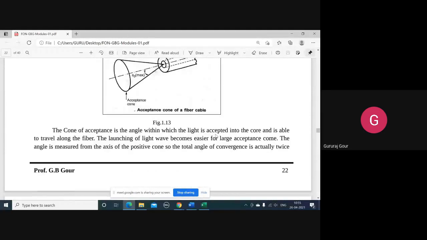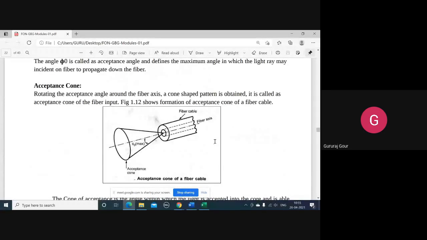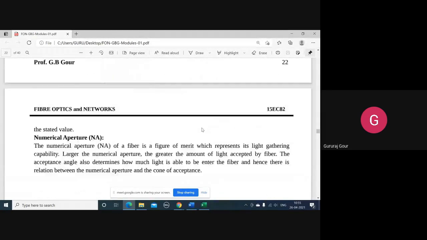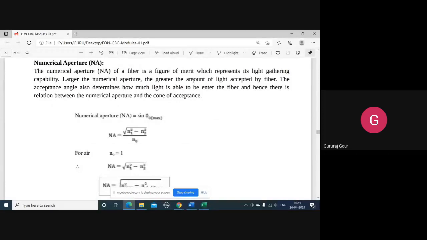So this will give you the measure of how much light is falling effectively on the aperture of the fiber core. Next, numerical aperture. It measures the figure of merit and indicates its light gathering capability. Just now I described it, it is the effective area of the core that is going to capture the light.